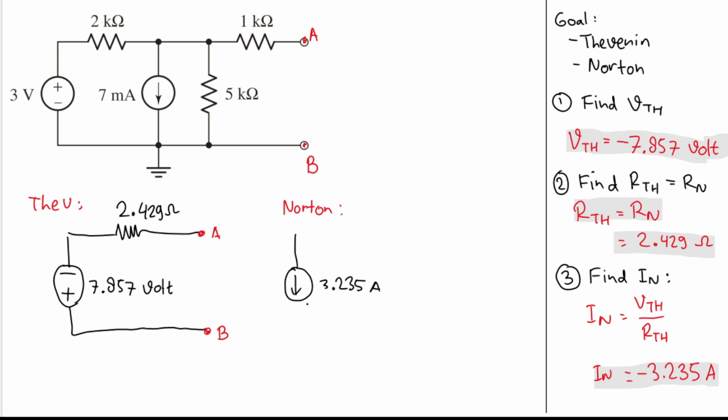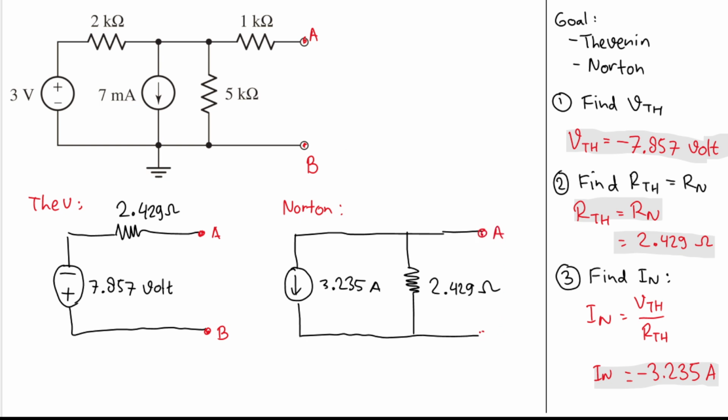But then this current source is in parallel, not in series. So Thevenin is in series, but Norton is in parallel. So we will have this 2.429, and the unit here will be in ohm. And then that is the terminal A and terminal B. This is A and this is B.